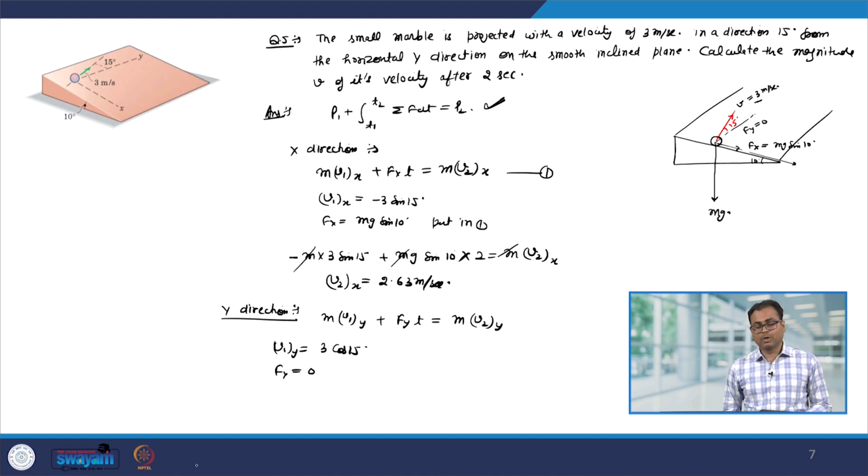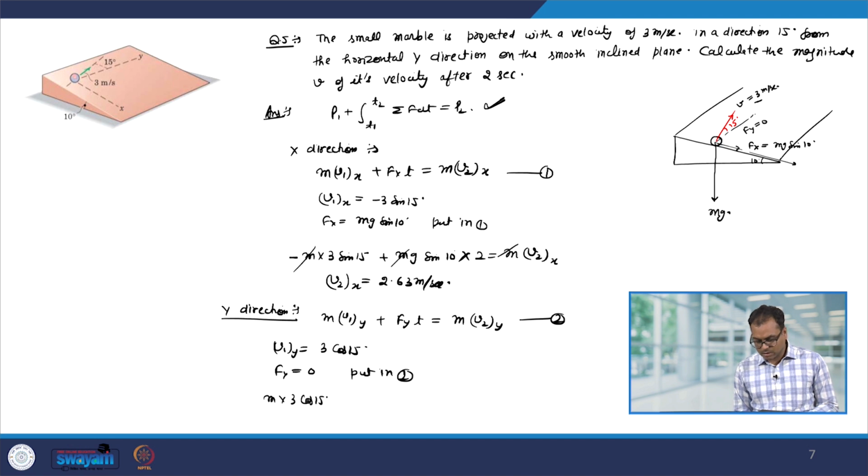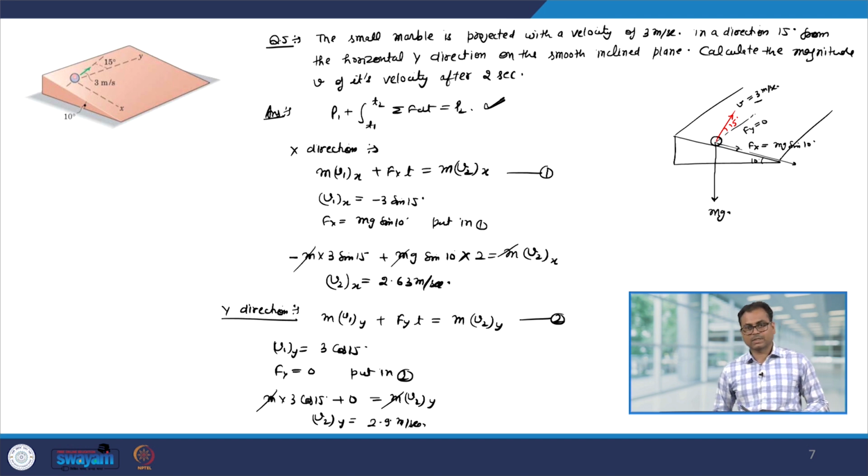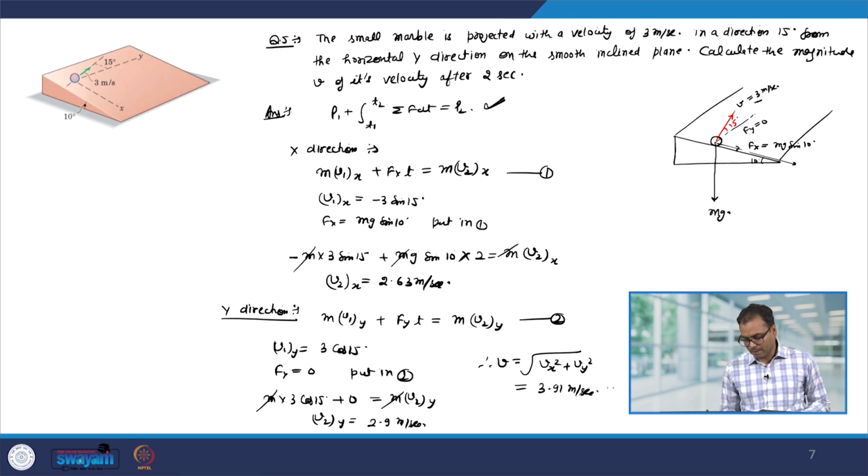Fy is equal to 0, and let us put this in equation number 2. So, we have m into 3 cos 15 degree plus 0 equal to m v2y. m will get cancelled and from here v2y is equal to 2.9 meter per second. Therefore, the total velocity of the marble will be the square root of vx squared plus vy squared, which comes out to be 3.91 meter per second.